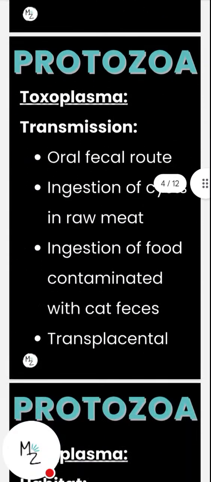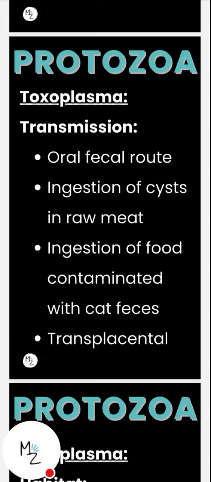This parasite is also called the cat parasite because it is found in cat feces. Let's talk about its transmission. The route of transmission is the oral-fecal route. It is transmitted by ingesting the cysts in raw meat or in food that is contaminated with cat feces.